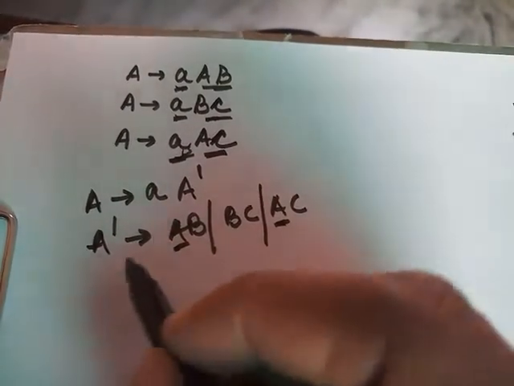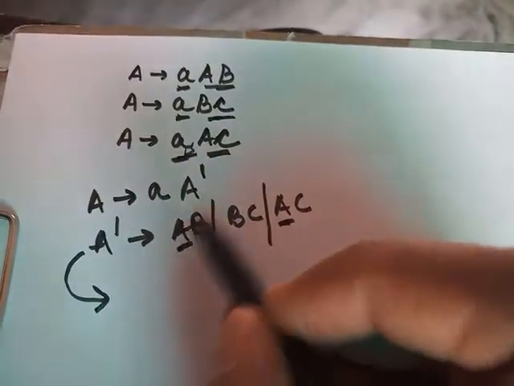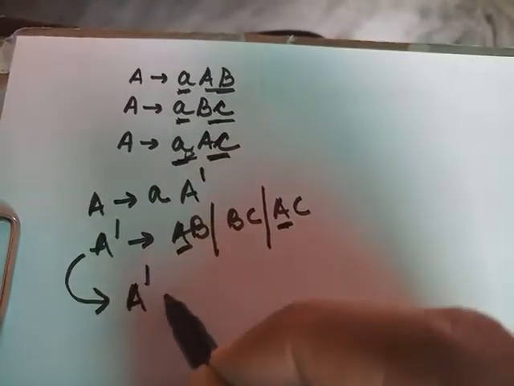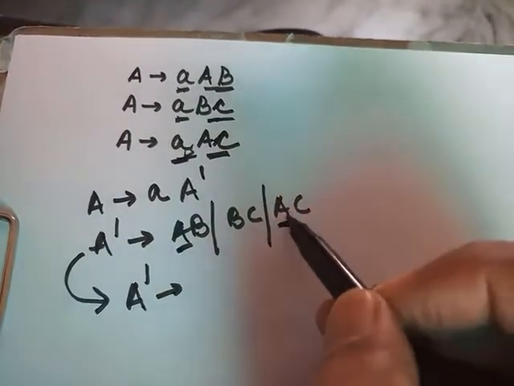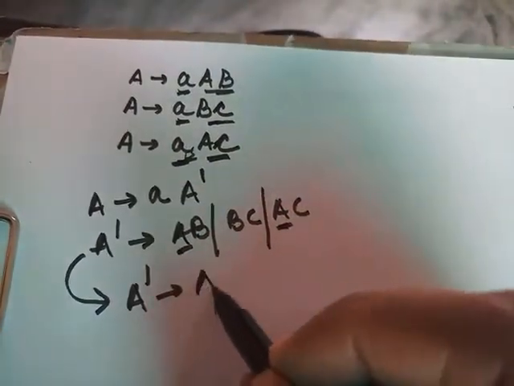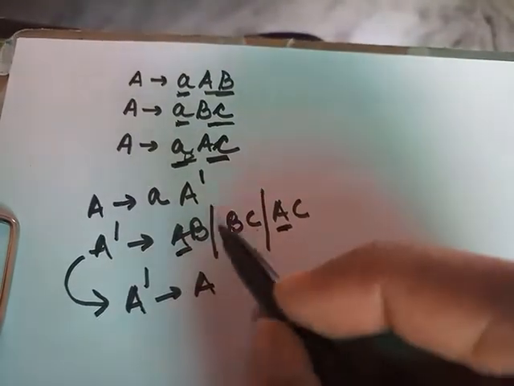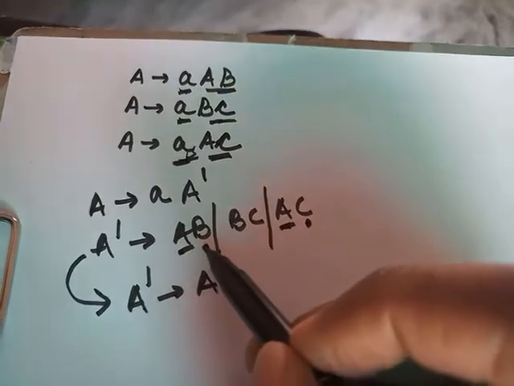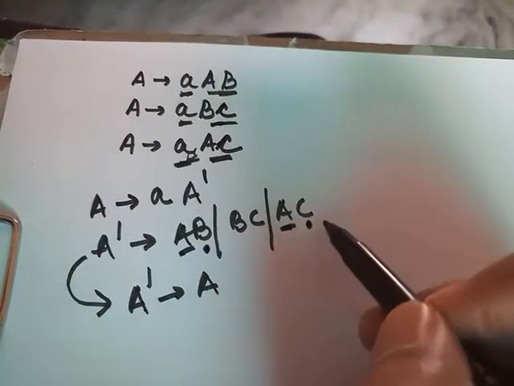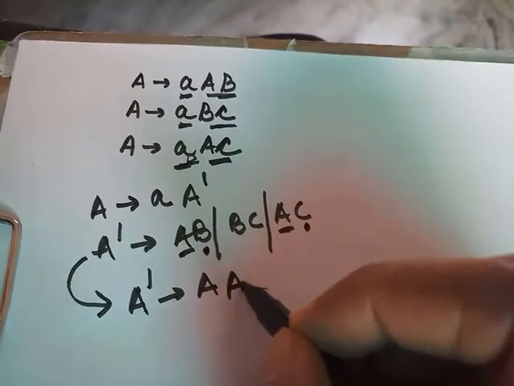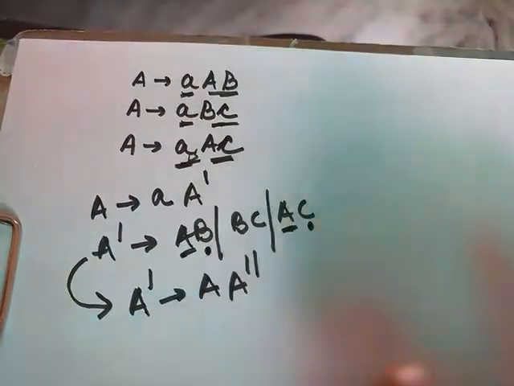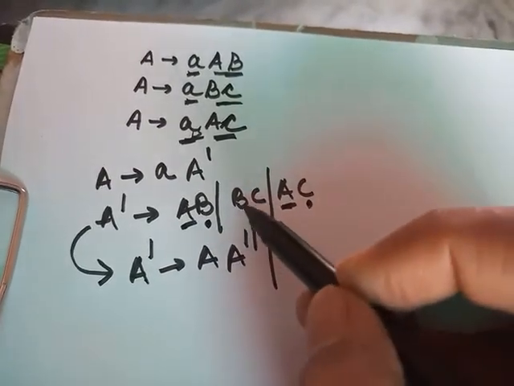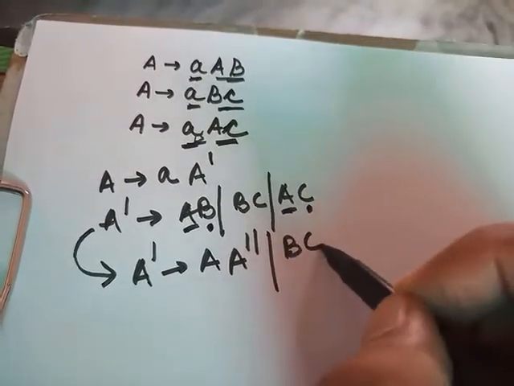So again we have to convert these common prefixes using left factoring. So A dash is equal to, what is common? A. So A is here, and what is left? Here B and here C. So the responsibility to generate B and C is given to another non-terminal, that is called A double dash, and this BC is okay, there is no common prefix here, so we will write it BC.